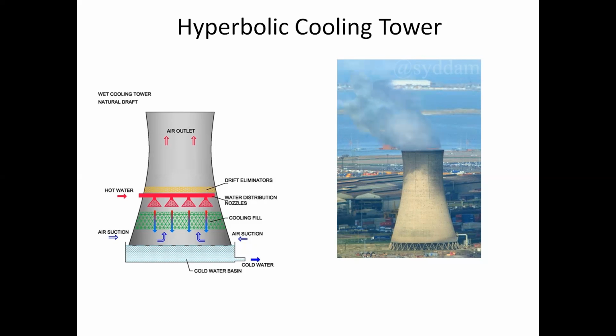So here the hot water gives all its heat to the air, and because of absorption of latent heat, the hot water becomes cold, and again the cold water can be supplied to the condenser. So the transformation of heat becomes very easy. It becomes very easy because of the hyperbolic shape.